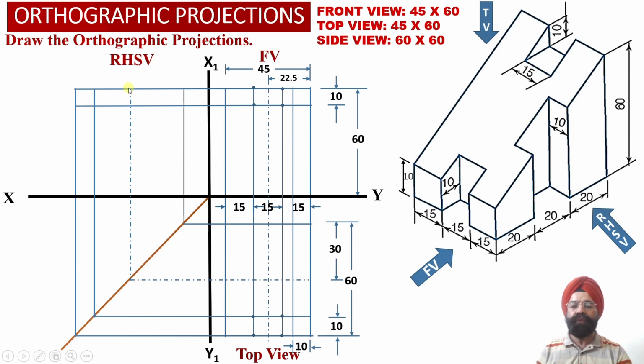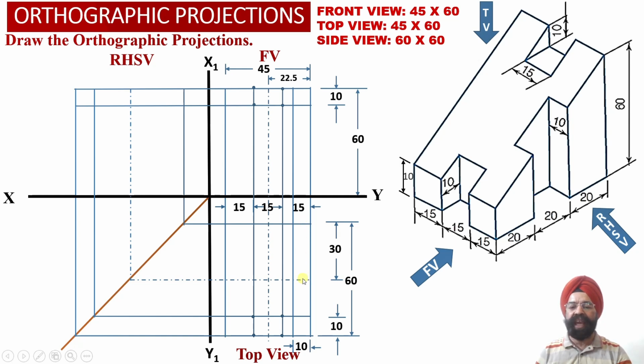So now we know that this is our center line, but this slot has a depth equal to 20 millimeter. So how do we obtain this rectangular projection in the top view? Here we have to take an offset of 10 millimeter above the center line towards the rear face of the solid.